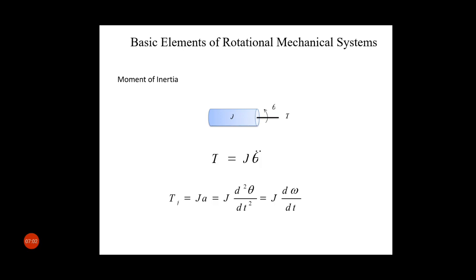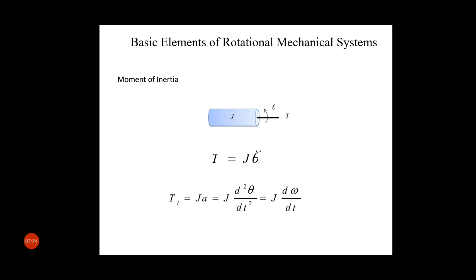That is, T_J equals J times α, and this is equal to J times d²θ/dt², since acceleration is the double derivative of angular displacement, and this is equivalent to J dω/dt.